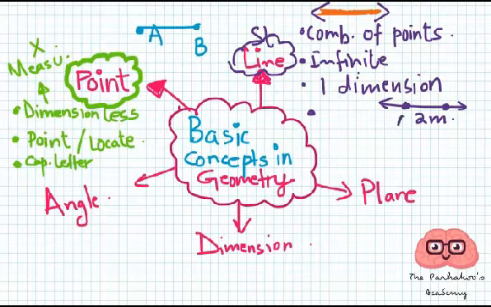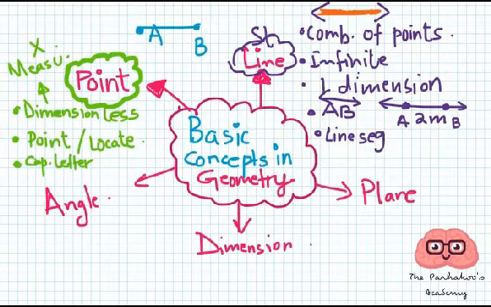A line is also represented by capital letters, but you need to specify 2 points on a line, for example line AB. The two derived concepts which are very important again when it comes to a line in geometry: a straight line is infinite, but there are two very important concepts which are derived from the straight line, and that is the concept of a line segment and that of a ray.